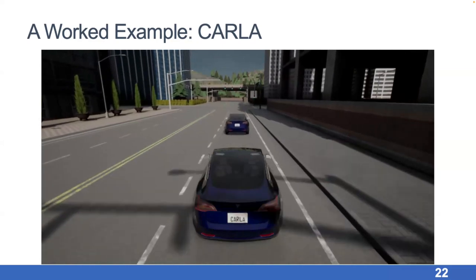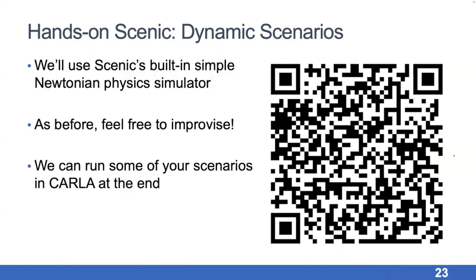Okay, so we also have a notebook for you to play around with these dynamic features. I think maybe just in the interest of time, you can feel free to pull it up. I'll start walking through some of it just so you can get a sense. For this, we can't use Carla because it won't run in the browser, and it's kind of hard to get working on your laptop too. So what we're doing in this notebook is using a very simple Newtonian physics simulator that's built into SCENIC for debugging purposes, basically.